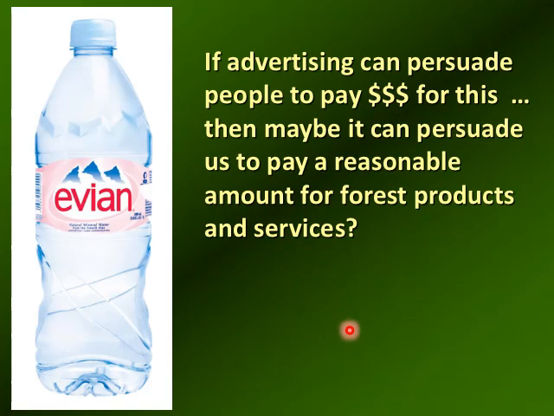Well, under some circumstances, we do already pay a great deal more money than usual for water. If Evian can persuade us to pay $5 for a bottle of water at the airport, can't these advertising folk persuade people to also buy carbon credits and also to invest in ecotourism and develop markets for forest products of one kind or another?